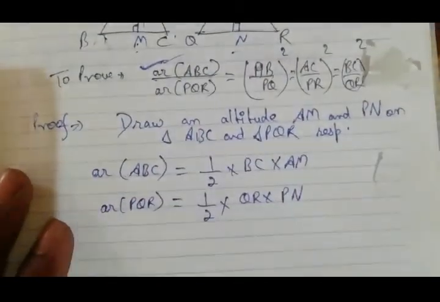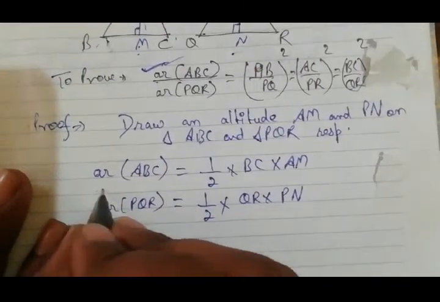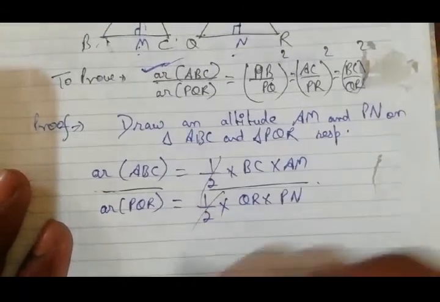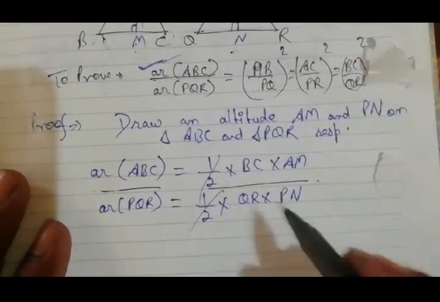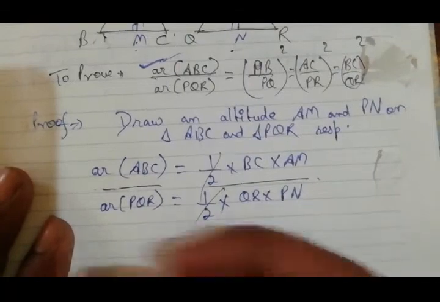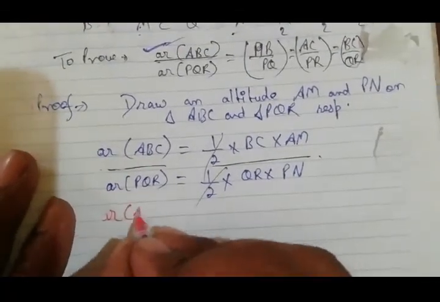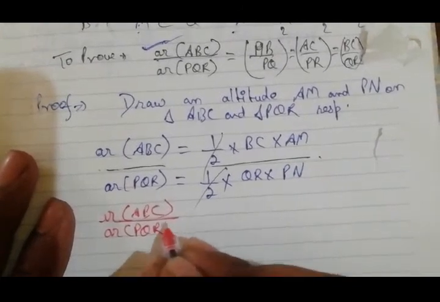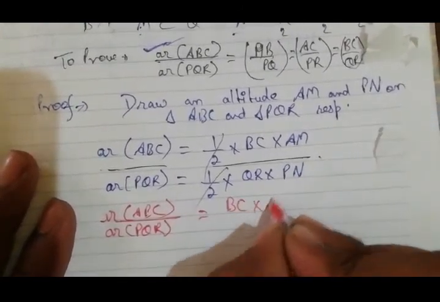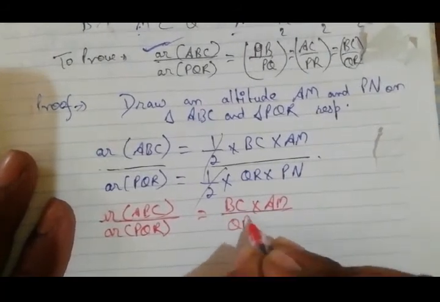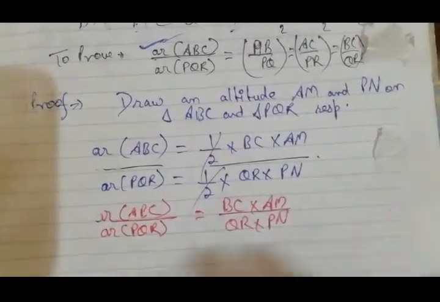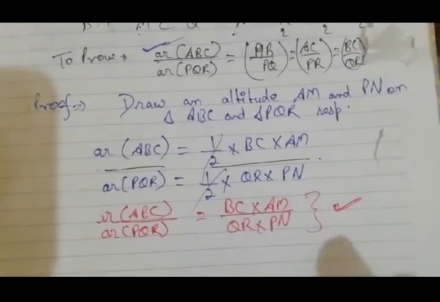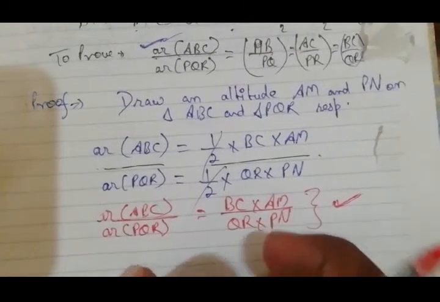So if I divide them, in this way, 1/2 and 1/2 will get cancelled out, and from here the conclusion we have is that area of ABC upon area of PQR is equal to BC into AM upon QR into PN. Okay, I hope you are getting all this. You just need to focus on the solution. Okay, this is what we got from here.